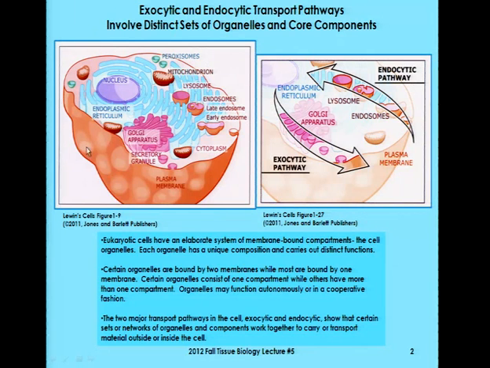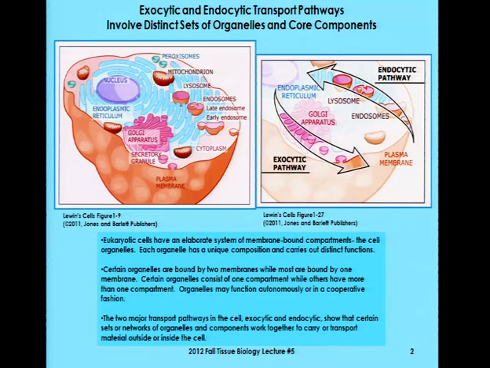You should realize that eukaryotic cells have organelles, and this is actually quite an elaborate system of membrane-bound components. Each of these organelles has a unique composition, and they carry out distinct functions. Now, certain organelles of the cell are bounded by two membranes, whereas most of them are bound by a single membrane.